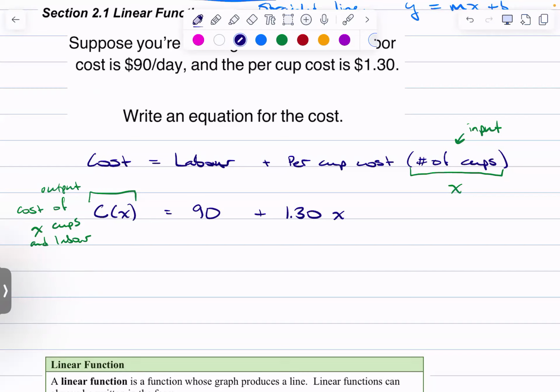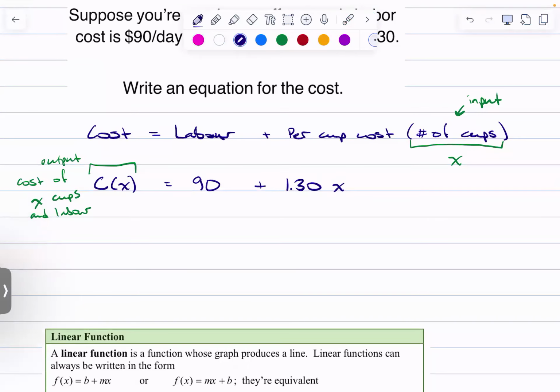So then I can put in any value of X. I sold 120 cups. What's my cost? Then of course, if I sell each cup for $4, then I would be making some revenue. But like I said, we're just writing an equation for the cost.